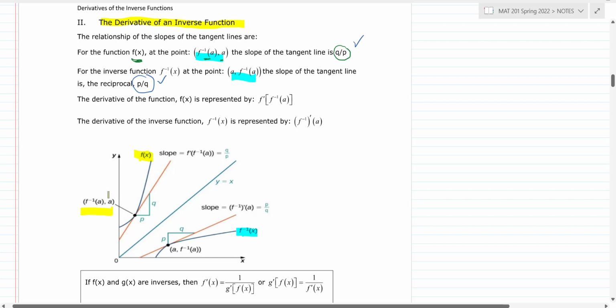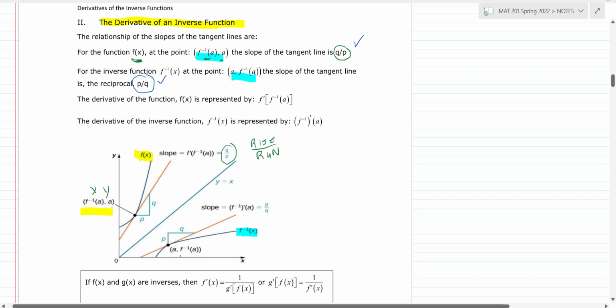A is just, again, some arbitrary number. And then the inverse of a is your x value. So you're just kind of thinking of x and y right here. And then your slope is a rise over a run. So we're going to say that the slope of this tangent line is going to be q over p, since that's a rise over a run.